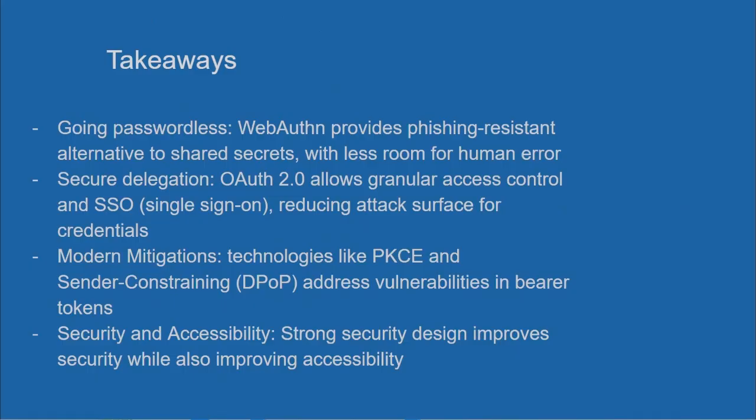OAuth 2.0, meanwhile, allows us to manage permissions across the web with more granular access control and single sign-on. Newer developments and technologies like PKCE and token binding make bearer tokens more secure and mitigate damages if a token's intercepted.